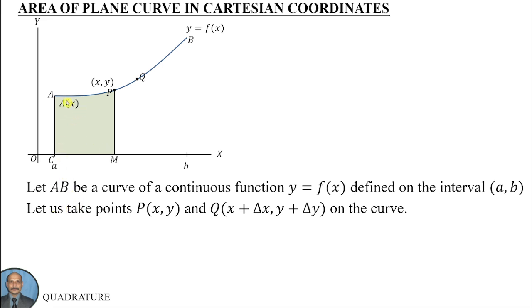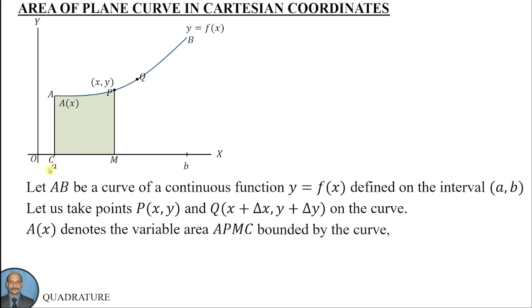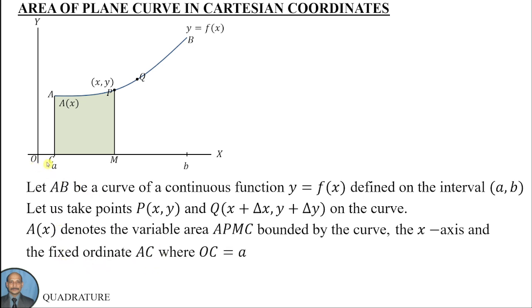So A(x) denotes the variable area APMC bounded by the curve, the x-axis, and the ordinates: one fixed ordinate AC, where OC is equal to a, and the variable ordinate PM, where OM is equal to x. Since the coordinates of the point P are (x, y), OM is equal to x.